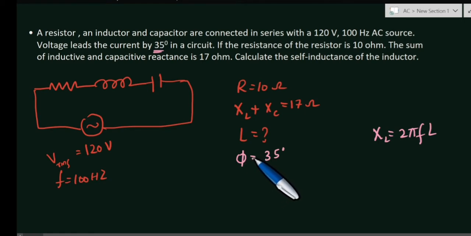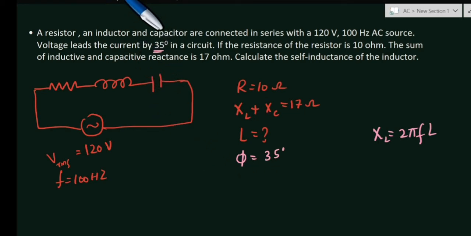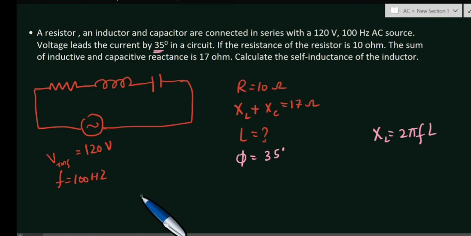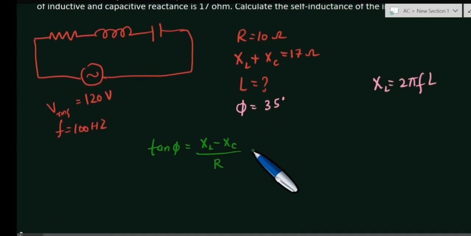So we can solve this problem by, first step I'm using tan phi is equal to XL minus XC divided by R. Calculate XL minus XC from this equation and we have XL plus XC already given, and solve those two equations and you will get the value of XL.